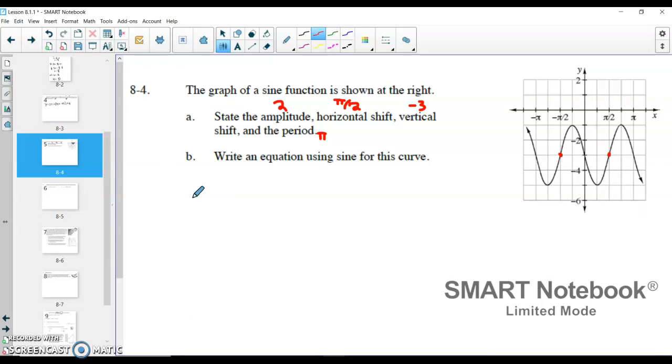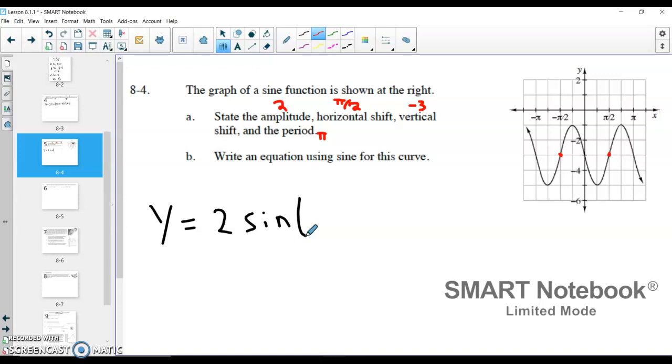But let's write this equation, and then I just want to wrap the video up, keeping it nice and short. Maybe I'll say a couple things about 8-5. So what we have is y equals, the amplitude is 2, that's like my a value, so that's 2 sine of, and then I have this period of pi, which means 2 complete cycles will happen in 2 pi.